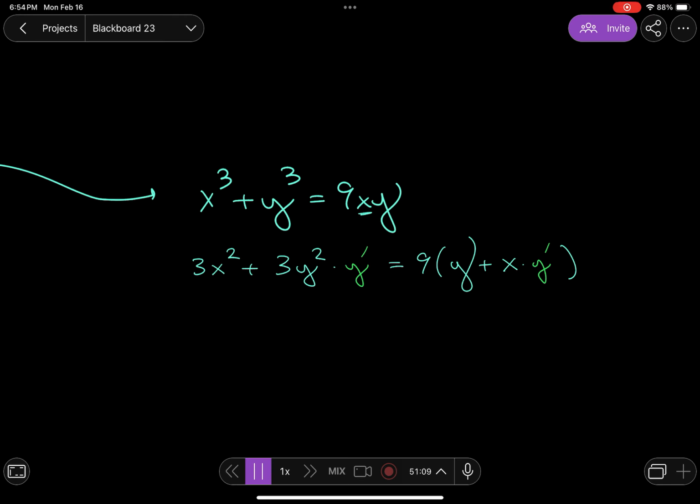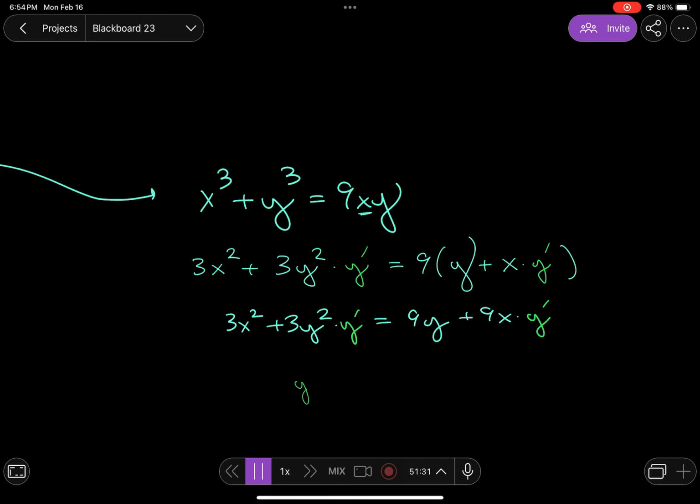In solving for y prime, it looks like I got 3x squared plus 3y squared times y prime is equal to 9y plus 9x times y prime.